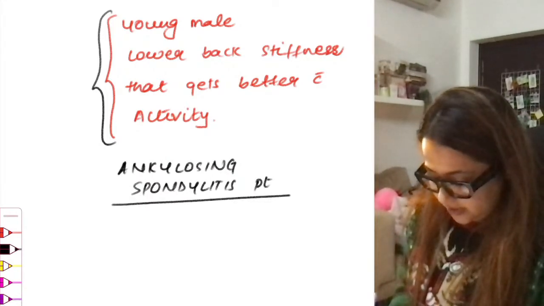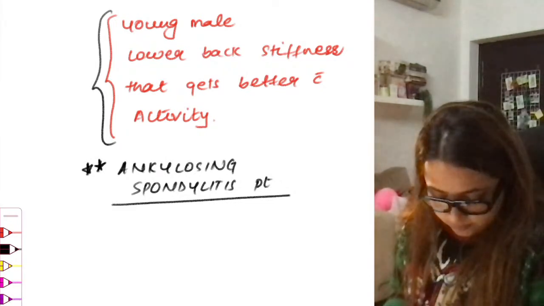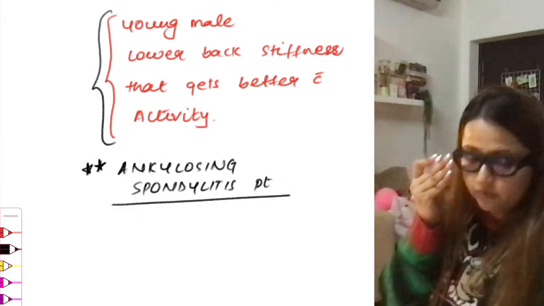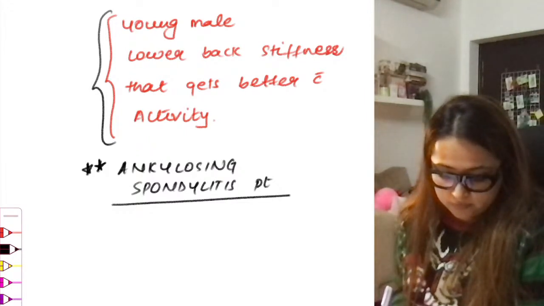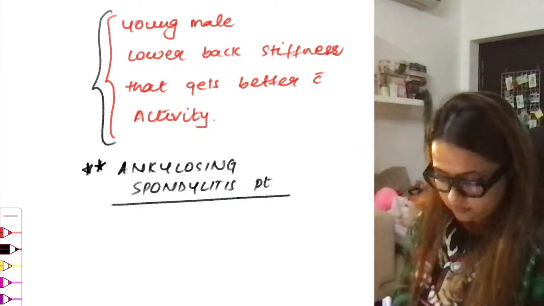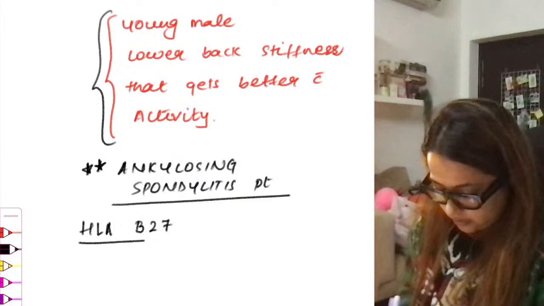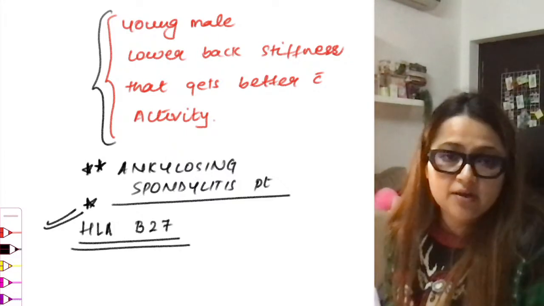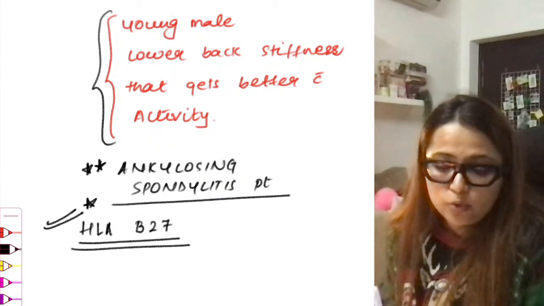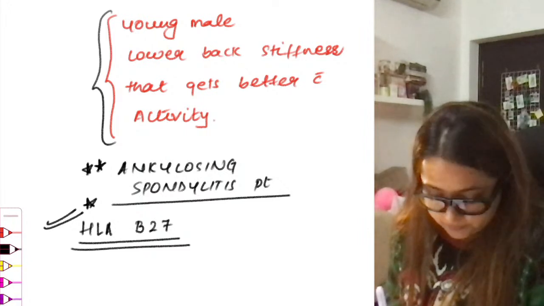Which HLA is associated with ankylosing spondylitis? Your answer is HLA B27. Yes, Gurji, that is the right answer. HLA B27 association. What happens to RA factor in ankylosing spondylitis?